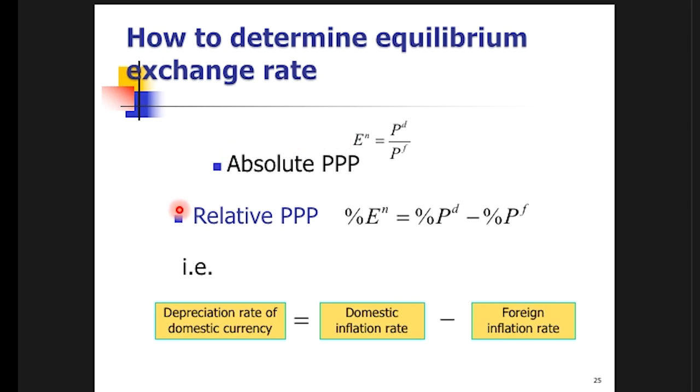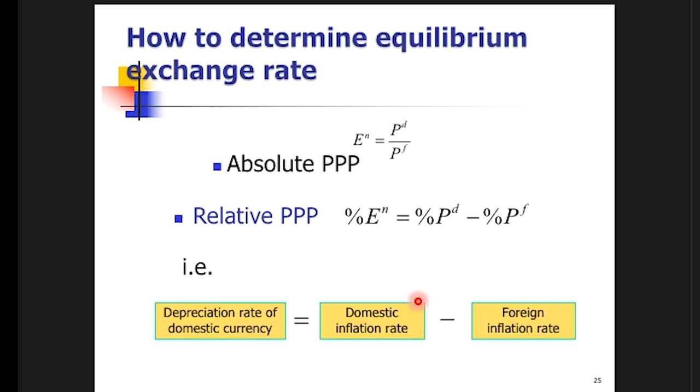The relative purchasing power parity shows us the changes in the exchange rate. The percentage change in the exchange rate equals the percentage change in domestic price minus the percentage change in foreign price. The percentage change in the exchange rate is also the depreciation rate of the domestic currency.